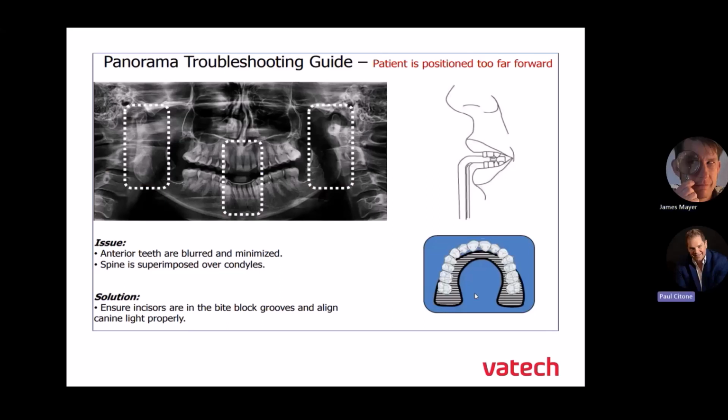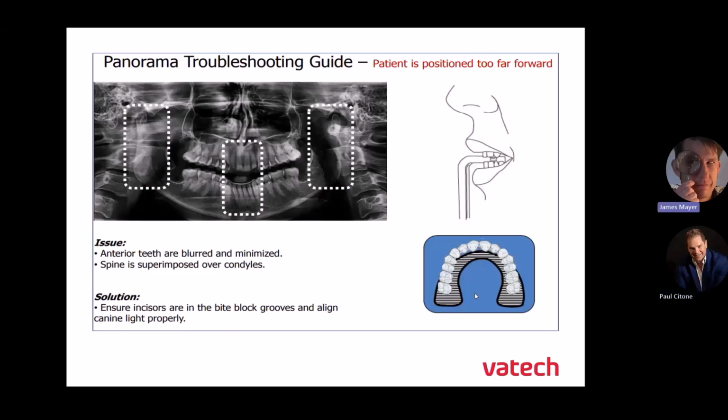Well, we see blurry anteriors, and even in this one, the spine position is out of position. You want to have that spine as upright as possible, even before they bite on the bite stick. Visualize where that spine is. You want it very upright. Have them bite in the bite grooves. Make sure they're biting in the bite grooves to avoid this issue.